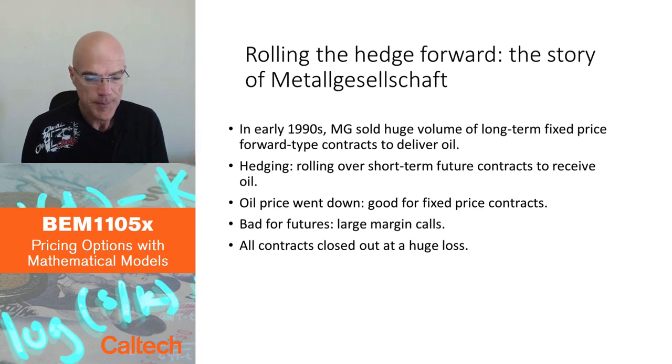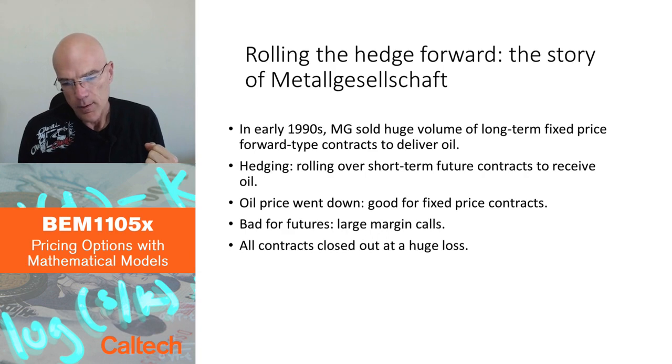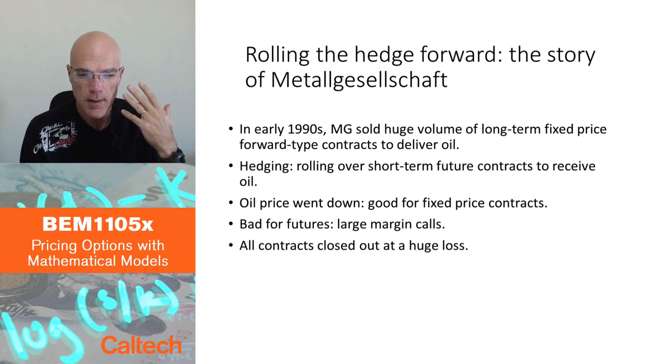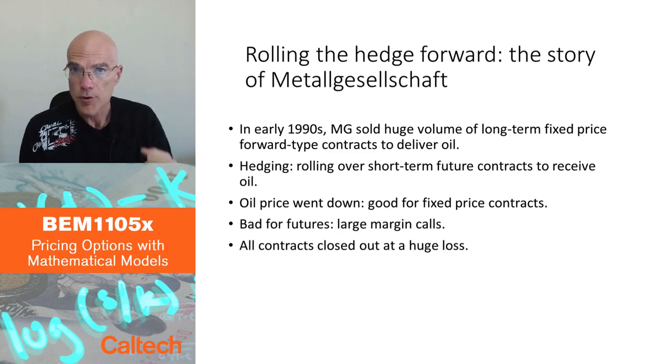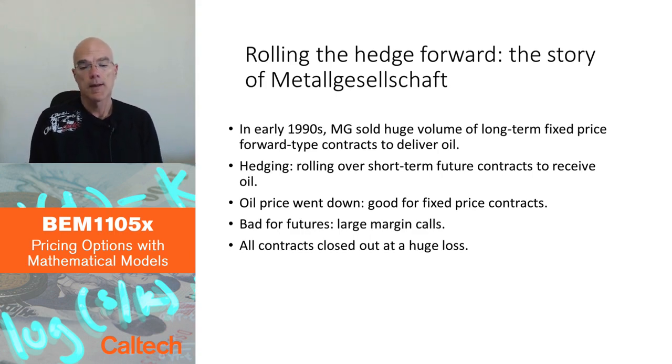But you could make a case on both sides. You can say, well, if they want to hedge, this is kind of a natural strategy. It's not clear what else they could do. On the other hand, if you do this, maybe you should think about what's going to happen if the oil price goes down a lot. Are you ready to pay large negative cash flows if the oil price went down in your short-term futures contracts?